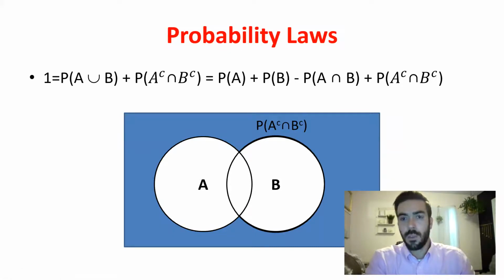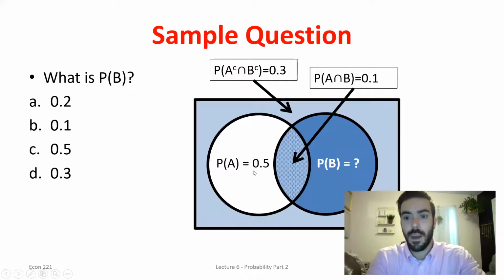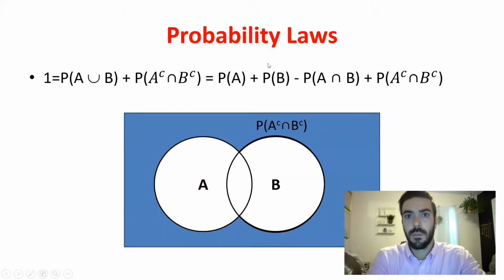Okay? So if all I do is start plugging values in, what was the probability of A? 0.5. So let me see if I can switch slides and write things in. I'm not sure it's going to let me do this, but let's find out. It's not going to let me do that.